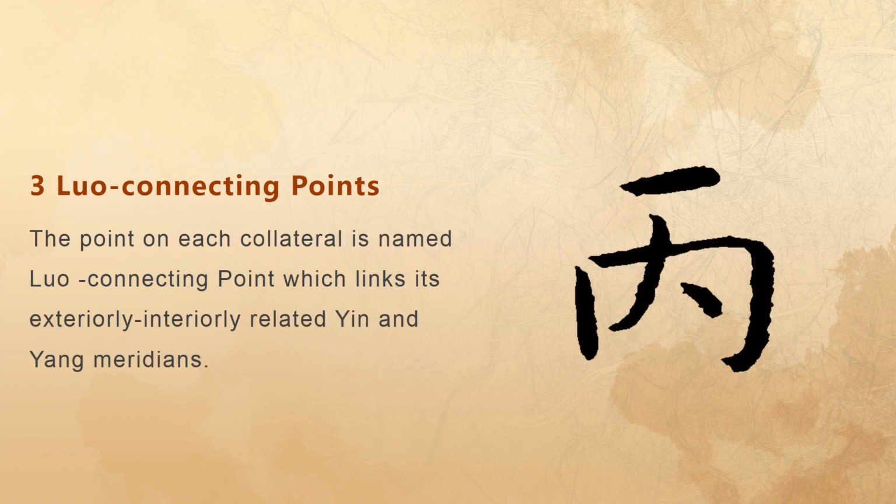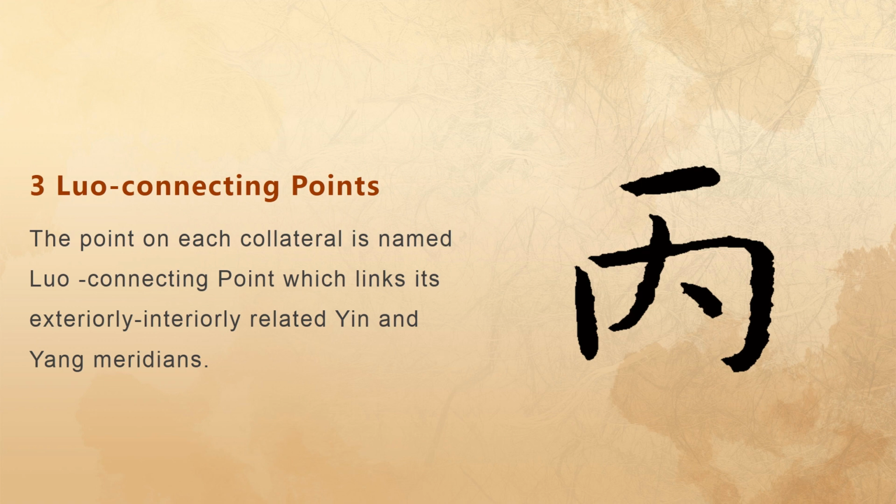Luo means connecting. Each of the 12 regular meridians has a collateral. The point on each collateral is named Luo connecting point, which links its exterior-interior related yin and yang meridians. Luo connecting points of the 12 regular meridians are located below elbow or knee joints.